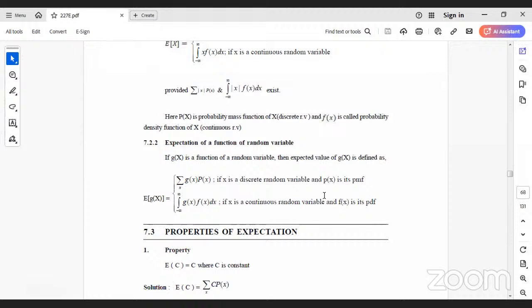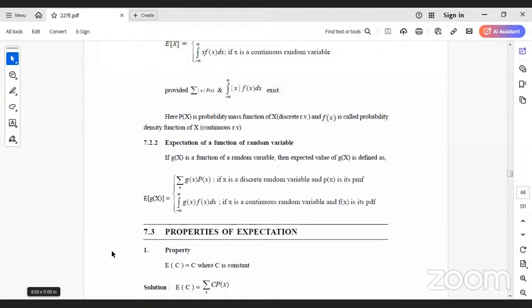Expectation of a function of a random variable. If g of x is a function of a random variable, then the expected value of g of x is defined as E of g of x equals summation of g of x p of x, where x is a random variable and p of x is a probability mass function. When x is a discrete random variable, it's a summation. But in the integration, x is a continuous random variable and f of x is a PDF.